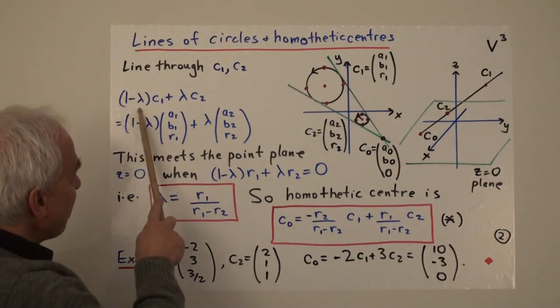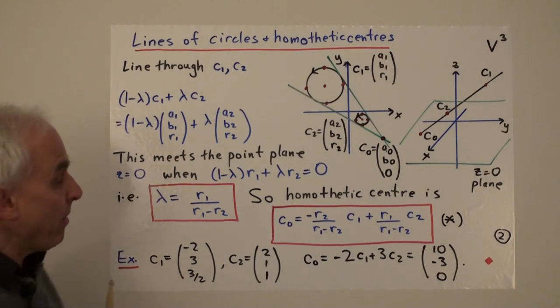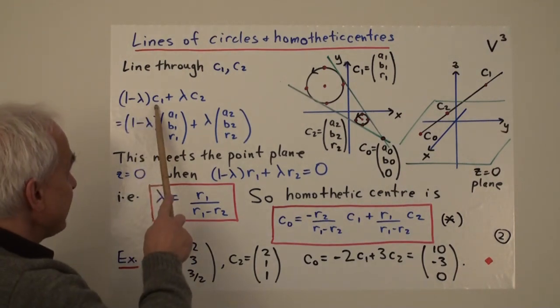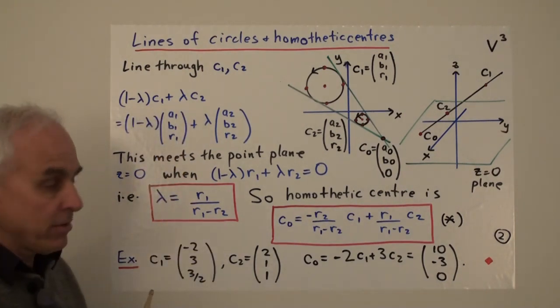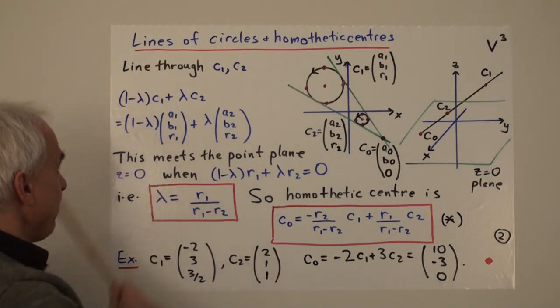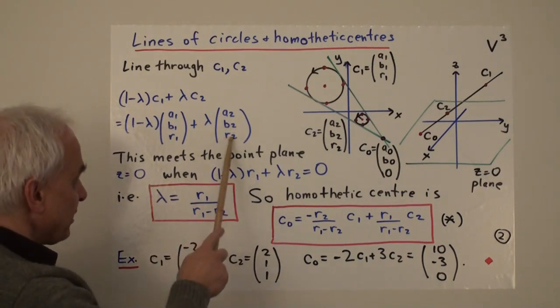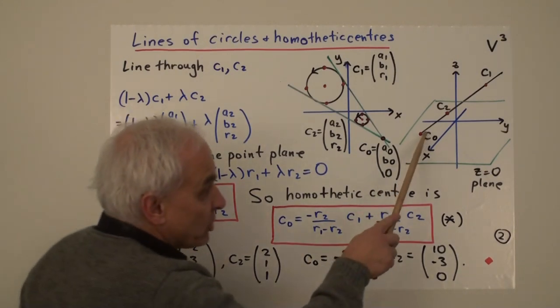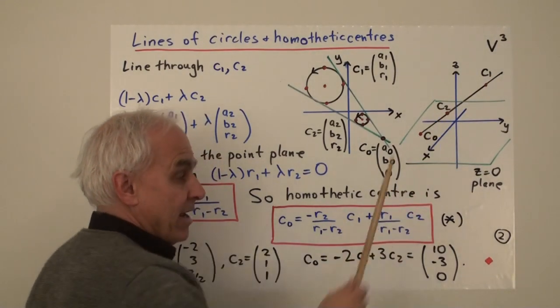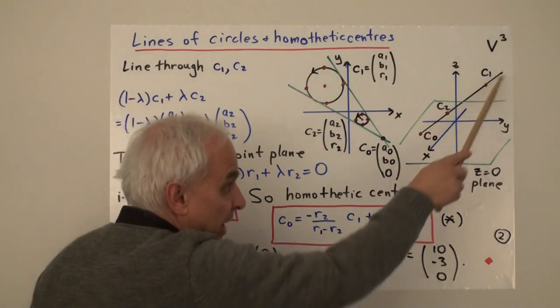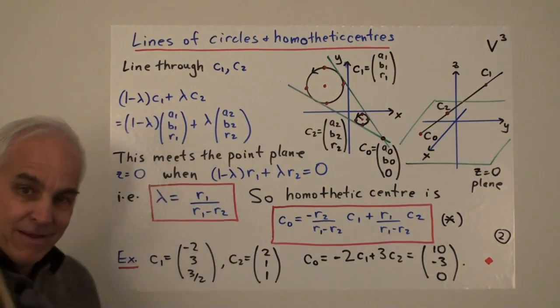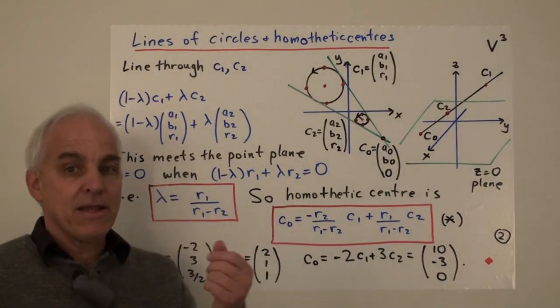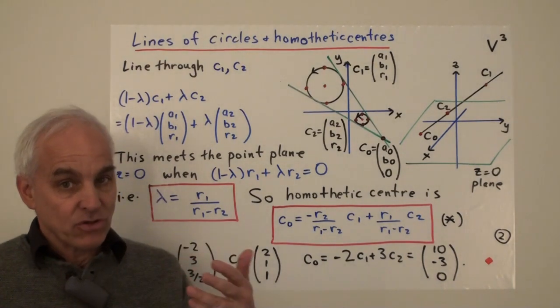So this affine combination, or convex linear combination, is 1 minus lambda C1 plus lambda C2. We take this vector and multiply it by 1 minus lambda and take this vector and multiply it by lambda. Then that will give us a vector which is somewhere on this line. And as lambda varies, we're varying on that line. So it's a nice way of describing a line in the vector language.